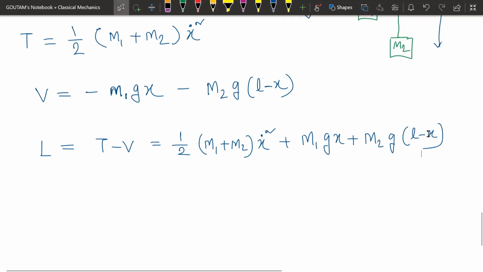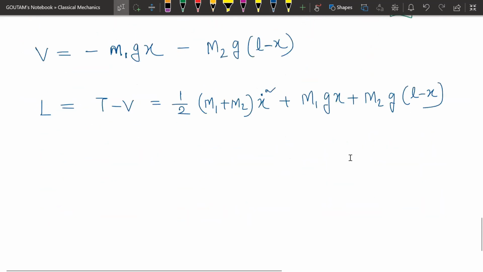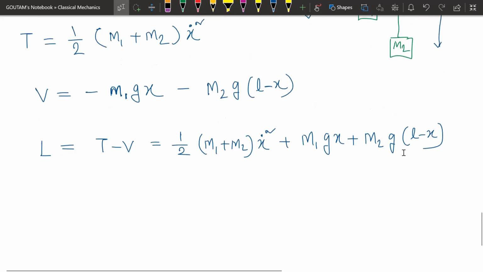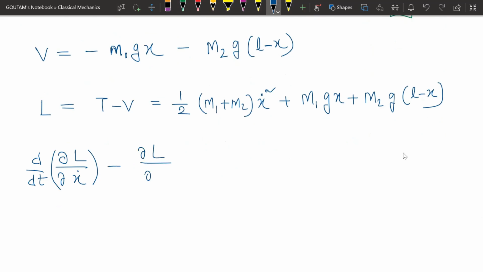Here we only have one coordinate, the position x. This is our generalized coordinate. So if we write the Lagrangian equation of motion, it will be d/dt of del L del x dot minus del L del x equals 0.